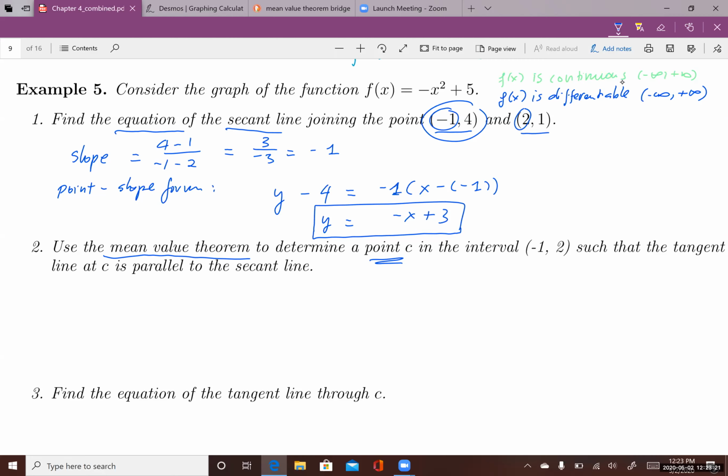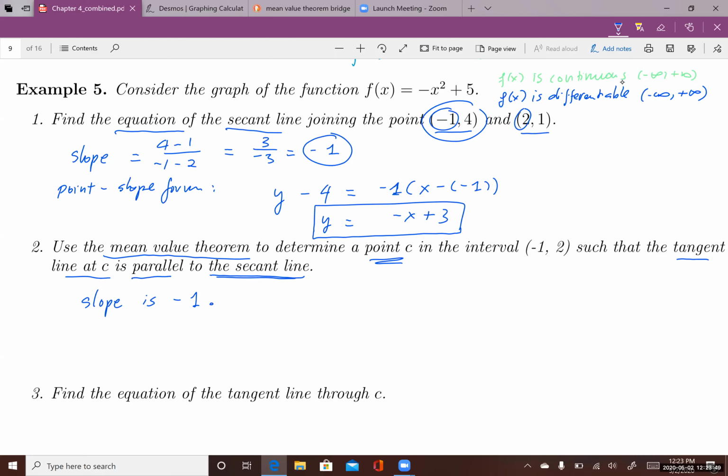So now we just need to find it. How can we find this point? We know the slope of the secant line. If the tangent line at C is parallel to the secant line, that means the slope of the line we're looking for is the same as the slope of the secant line, which we found up here is -1.